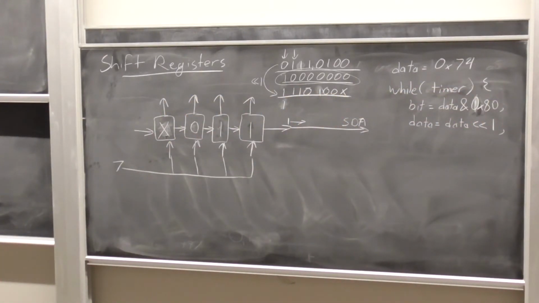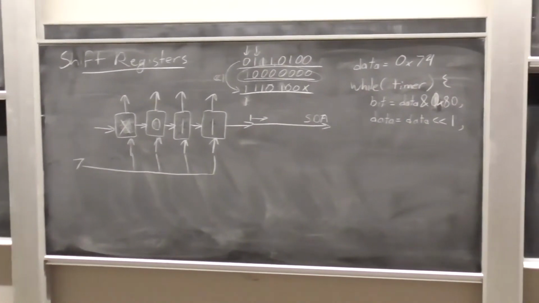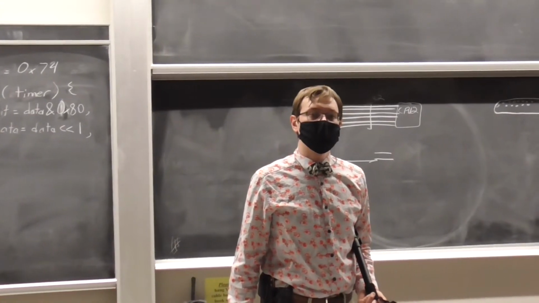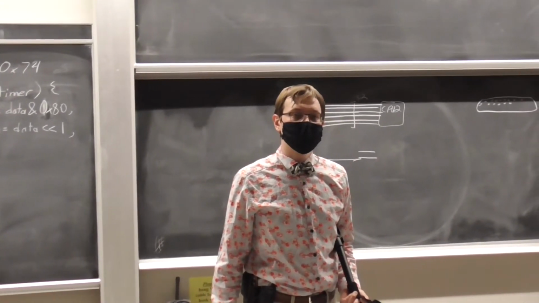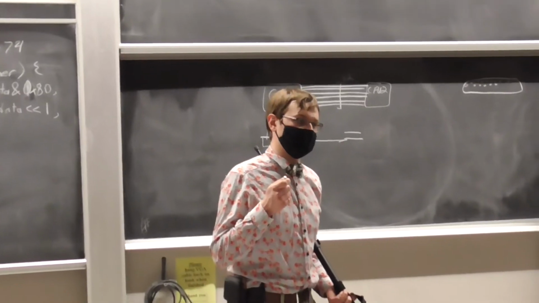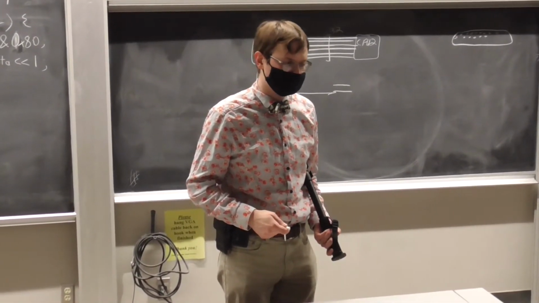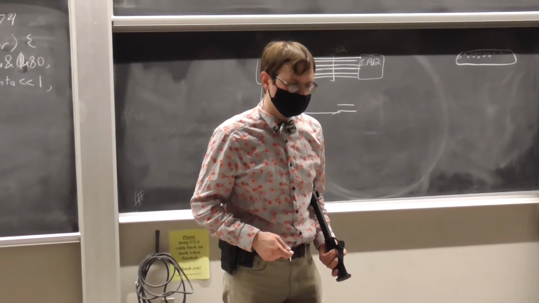Great. And my second question was just that, in I2C, can you have multiple data lines to send information in parallel, or is it just serial? It is just serial, just one data line. Yeah.